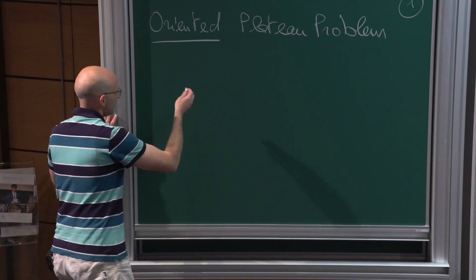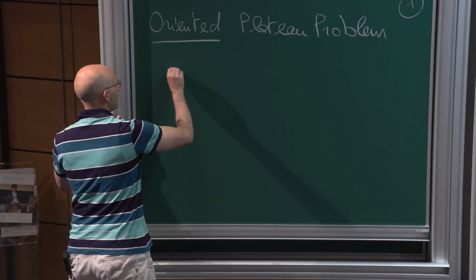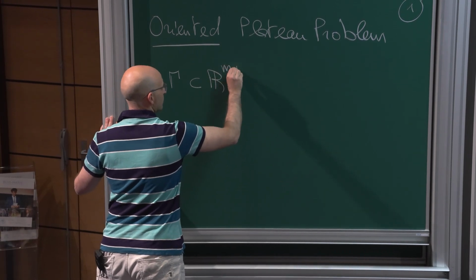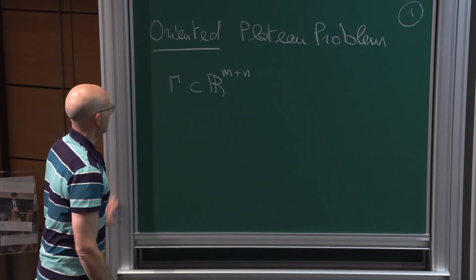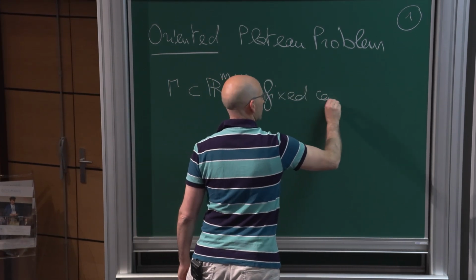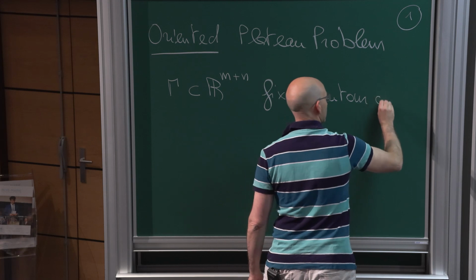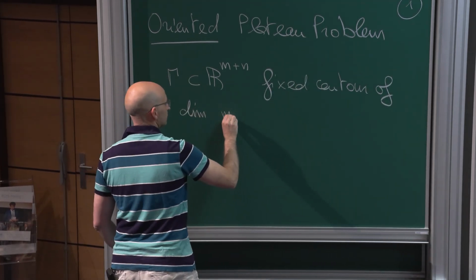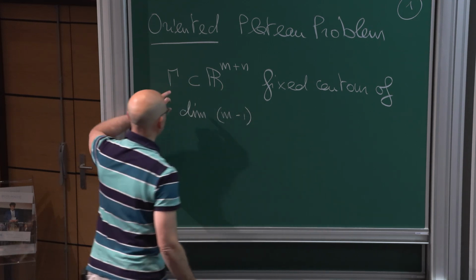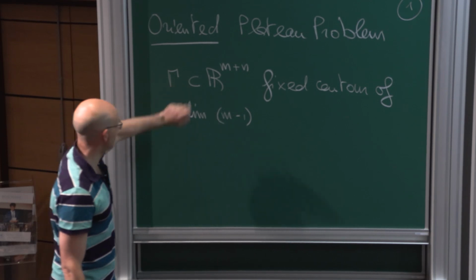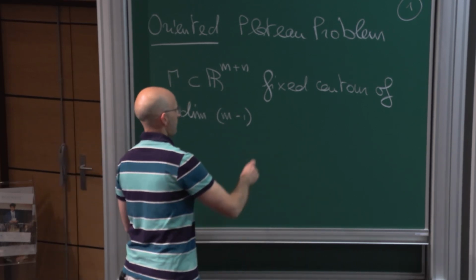Roughly speaking, this problem consists of having gamma, a fixed contour in the Euclidean space. This is a fixed contour of dimension m-1. And as a fixed contour, you should simply imagine a closed, smooth, embedded surface, which is oriented.